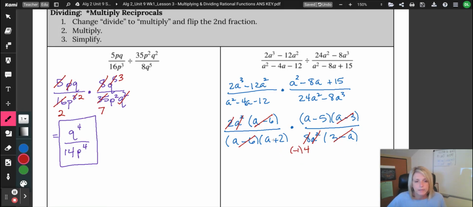Okay, the a minus 5 and the a plus 2 will not simplify. So I can go down here, and in the numerator, I have a minus 5. And in the denominator, I have this negative 4 times a plus 2. And that would be my final answer.